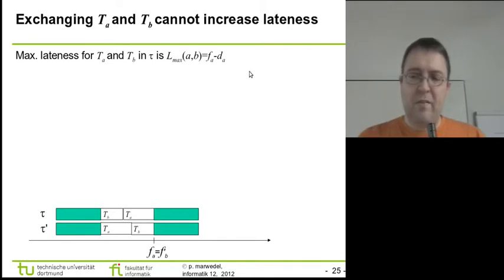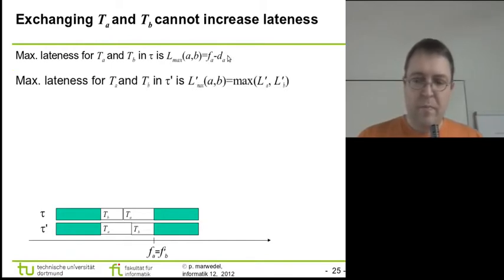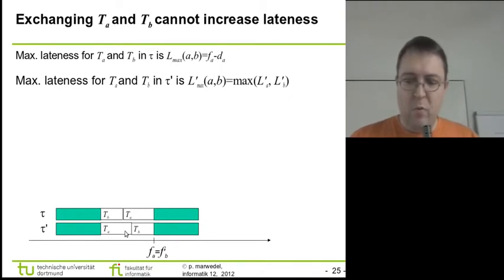The maximum lateness for the 2 tasks Ta and Tb in the schedule sigma is Lmax(a,b), which is the finishing time of b minus the deadline of b. Now, if we consider the schedule sigma prime, where Ta and Tb are switched, we know that the maximum lateness for Ta and Tb in this sigma prime schedule is the maximum of the latenesses of a and b for the new schedule.